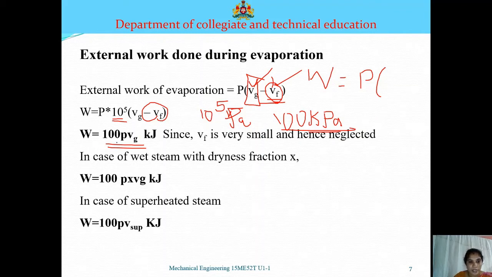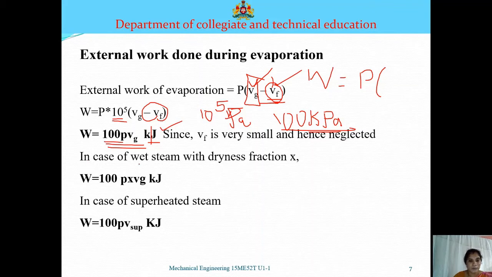So that is why I have taken 100. We know that the unit of work done is kilojoules. So to keep the work done in kilojoules, since the unit of heat enthalpy is also kilojoules per kg, to keep everything in kilojoules we are multiplying by 100. 100 into P into Vg is the formula for external work of evaporation.